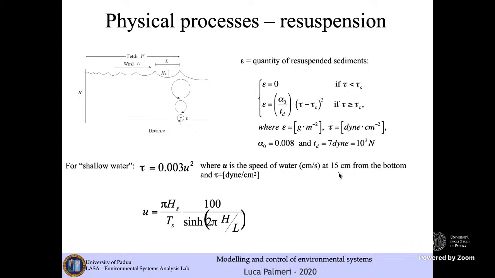Why 15 centimeters from the bottom? Because you may recall from your hydraulic classes that if you describe the velocity profile of water in a tube, you have as boundary condition that the speed of the water immediately on the surface of the tube is 0.